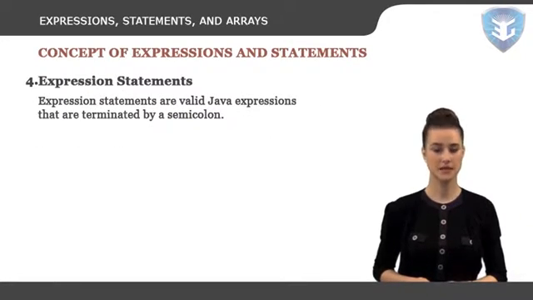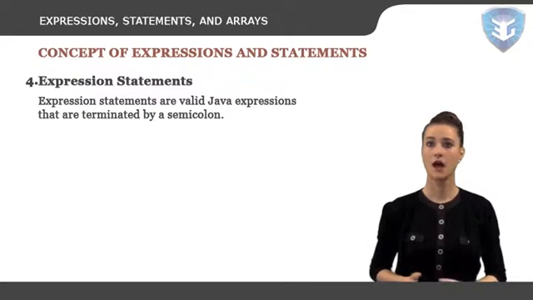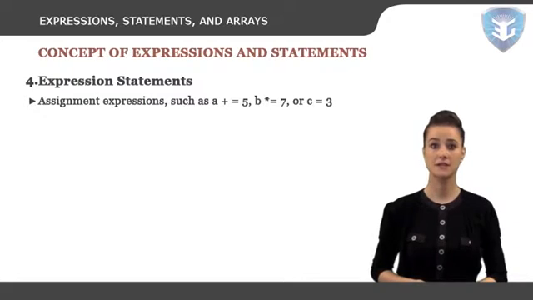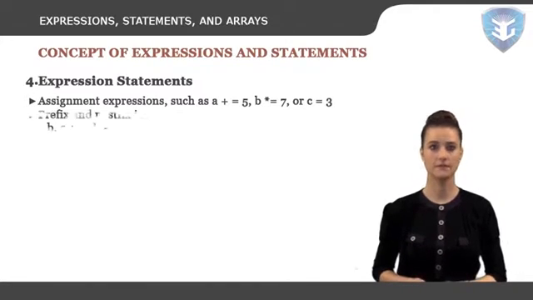4. Expression statements. Expression statements are valid Java expressions that are terminated by a semicolon. Unlike C and C++, not all kinds of valid expressions can be expression statements. In Java, there are 4 kinds of expression statements. Assignment expressions, such as a += 5, b *= 7, or c = 3.